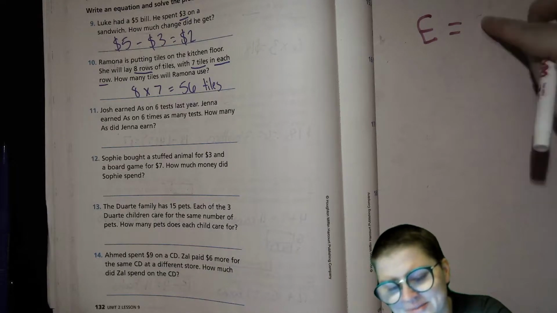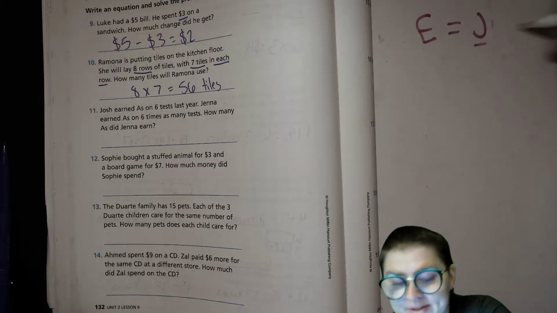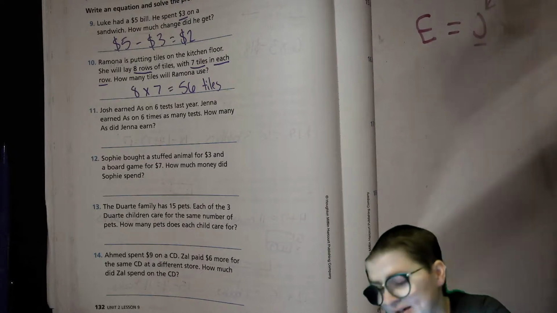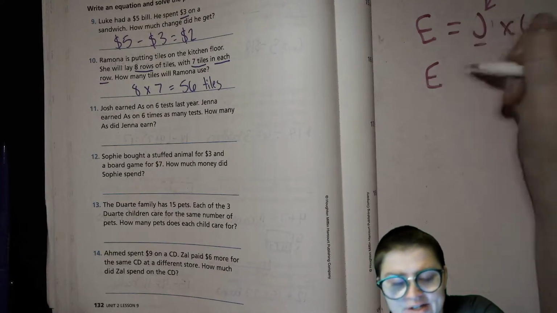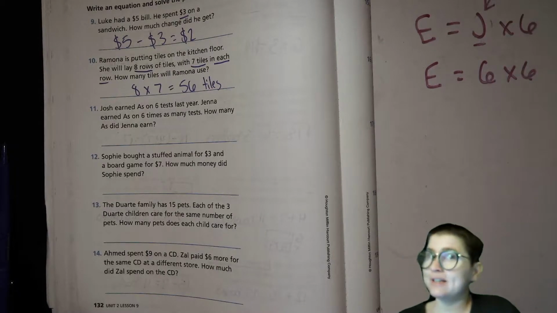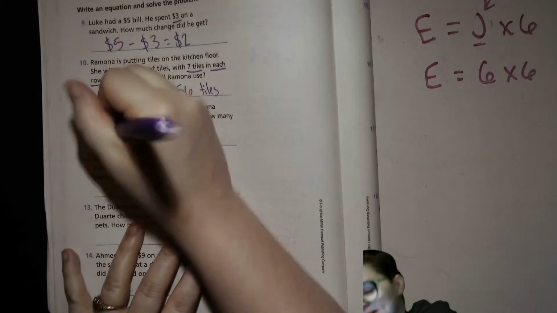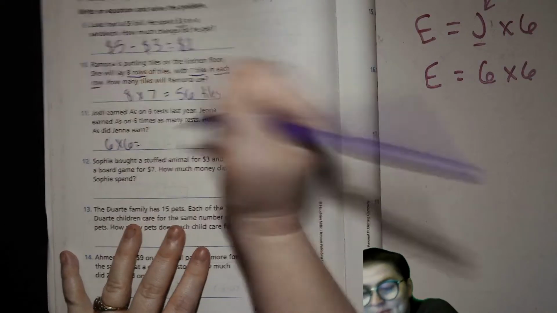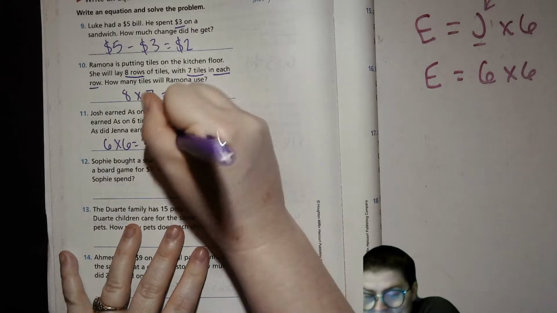I'll just give him the J because I don't want it to be a 0. Whatever his amount was times 6. We know what his amount was, right? It was 6. So then E for Jenna will be 6 times 6. Hopefully you've been practicing your facts and you know 6 times 6 equals what? 36 A's.